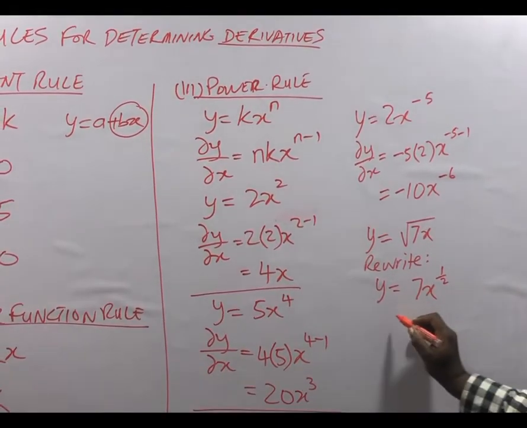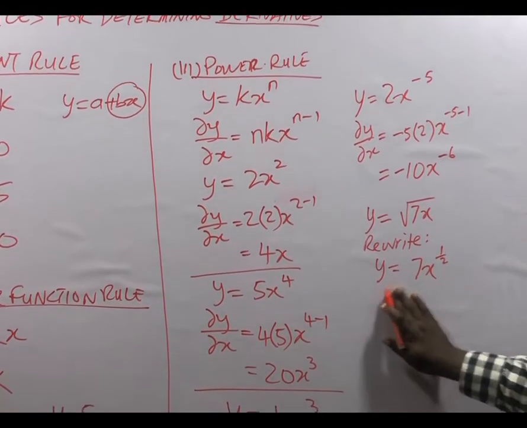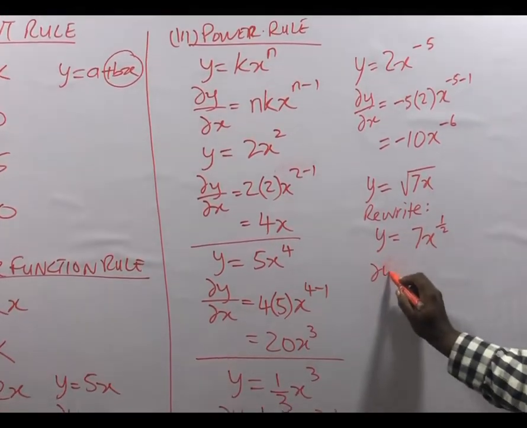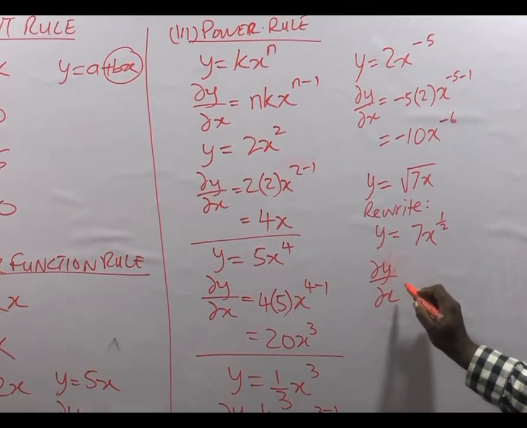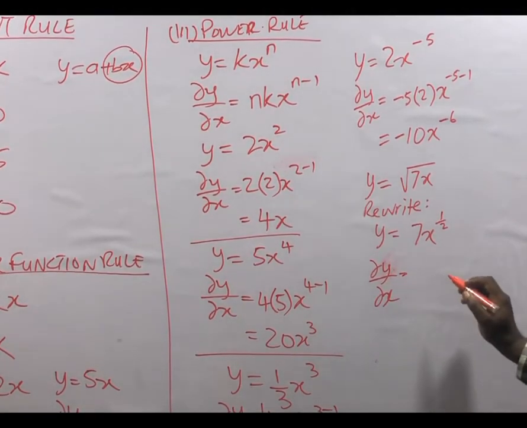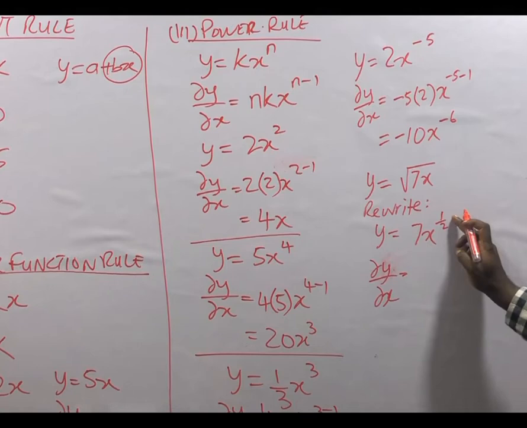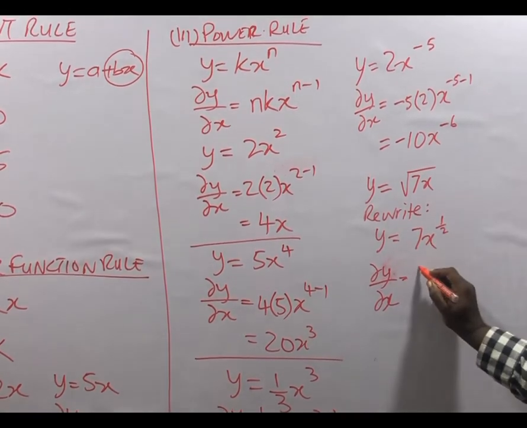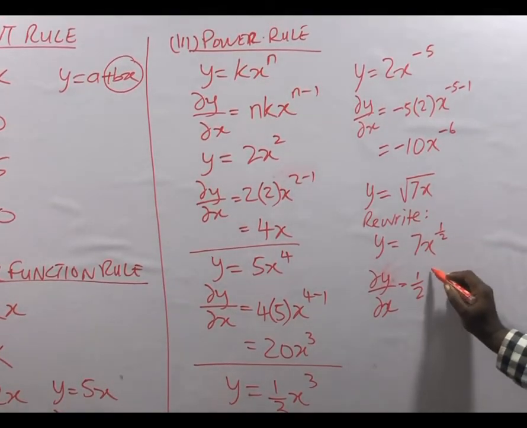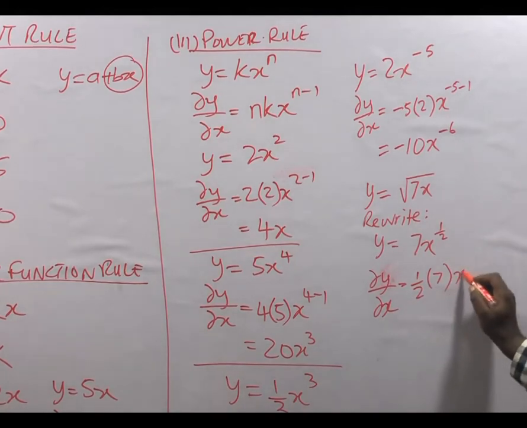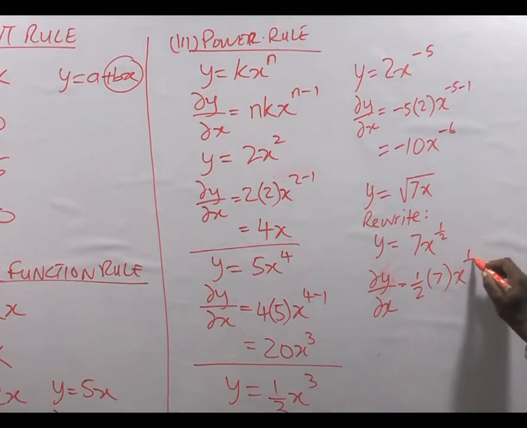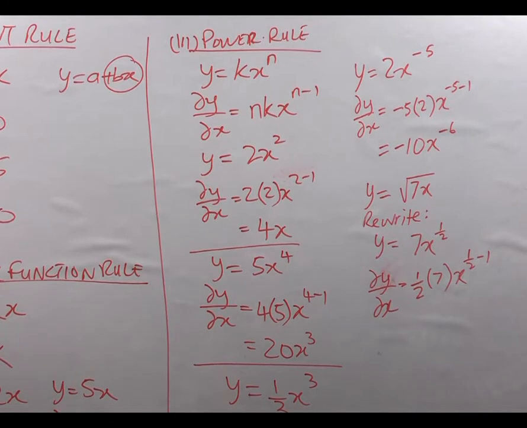Now if we want to differentiate this, dy/dx will be, you know what we do? We multiply the power by the coefficient, so this becomes 1 over 2 times 7. You have x raised to 1 over 2 minus 1.